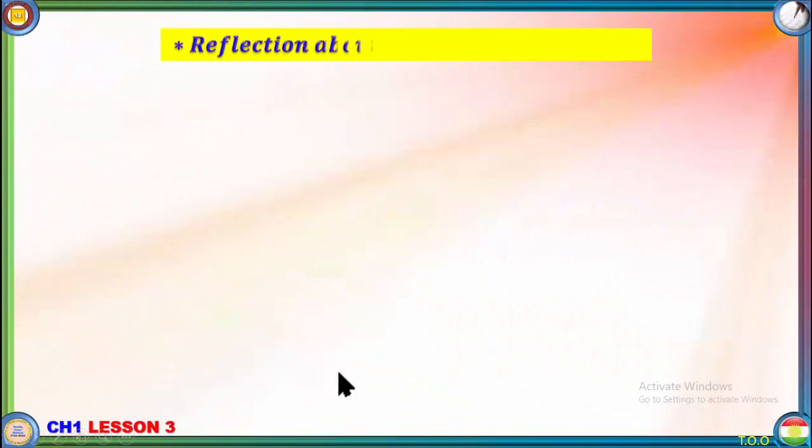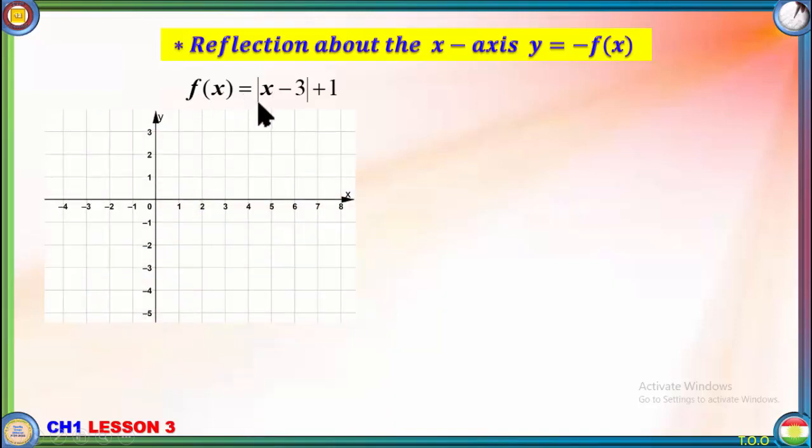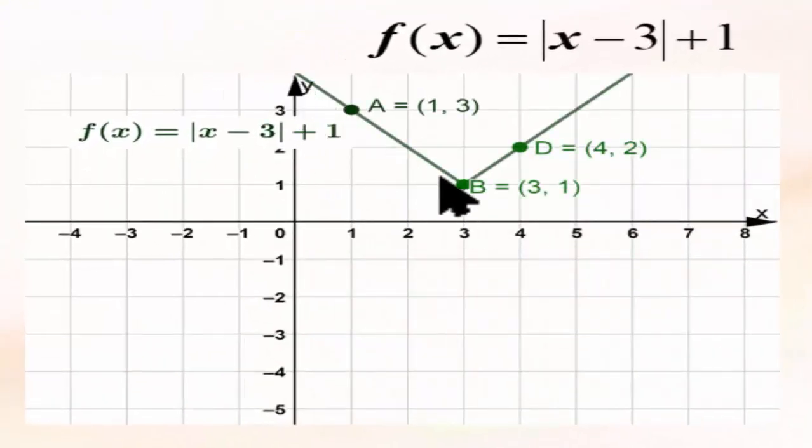Another transformation is reflection. The reflection about the x-axis: the original function y equal f(x) becomes y equal minus f(x). In this case, only the sign of y is changed. If we take f(x) equal absolute value of x minus 3, plus 1, and draw it, this is the graph of this function.